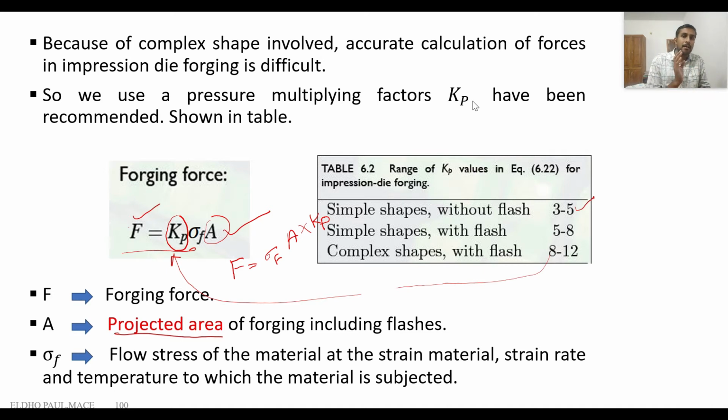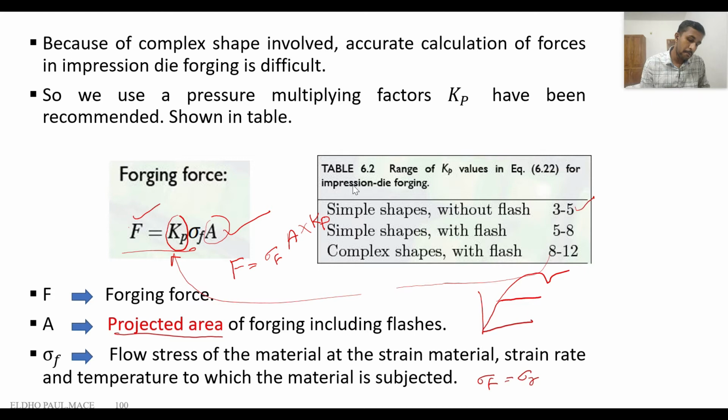If the material is perfectly plastic, then sigma F is equal to sigma Y. And if it is a strain hardened material, then sigma F is the flow stress of the material, and it depends upon the material type, strain, strain rate, temperature, etc.